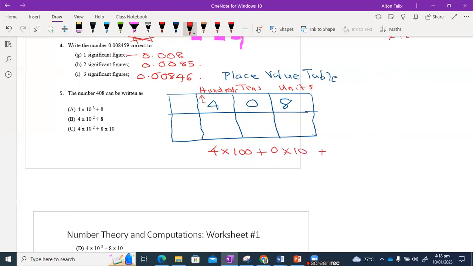And then we add in 8 units, or 8 by 1s, 8 ones. So we have just expanded this number 408 and written it as 4 by 100, 0 by 10, and 8 by 1. The way you write the number as shown here is called writing that number in expanded notation.